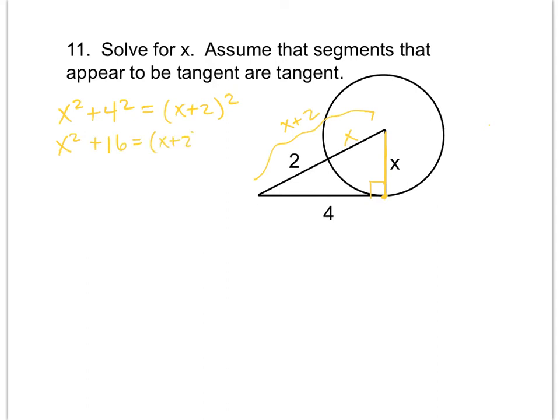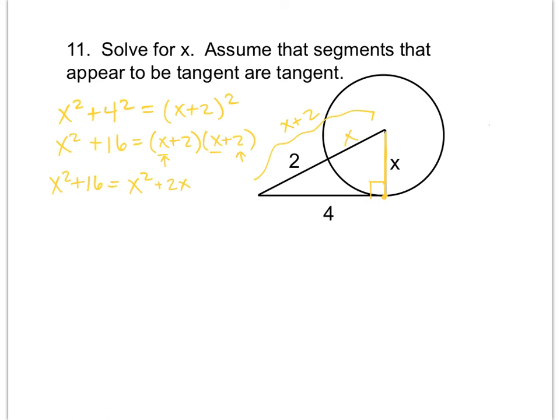x plus 2 squared is really x plus 2 times x plus 2, and now you need to FOIL, or box method. So I'm going to go ahead and do FOIL. That means multiply the first thing in each parenthesis, which is x times x, so x squared. The outsides would be the x and the 2, so I'm going to get 2x if I multiply those.